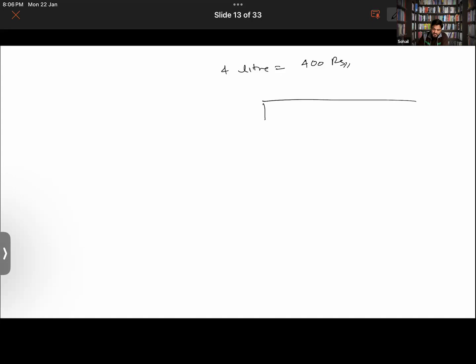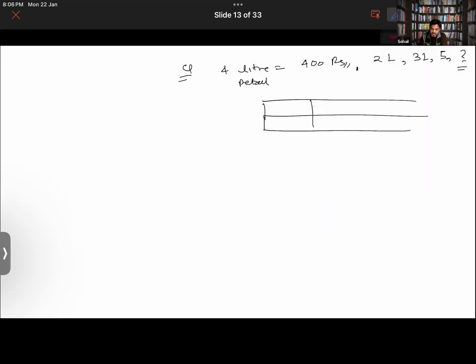So thereby you will first of all draw a table like this, and the question is that in a petrol station, listen carefully, the cost of 4 liter of petrol is 400 rupees, right? So you have to find what will be the cost of, let's say, 2 liters of petrol, 3 liters of petrol, और 5 liters of petrol का cost क्या होने वाला है. ओके ना? So यहाँ पर आप लिखेंगे the amount of petrol in liter and the price.